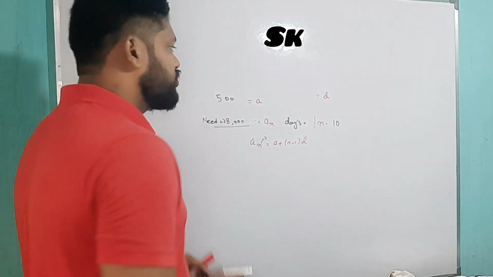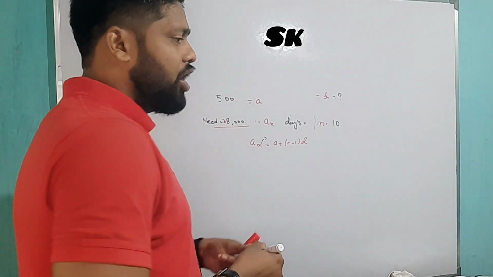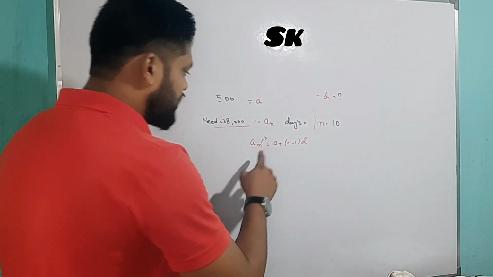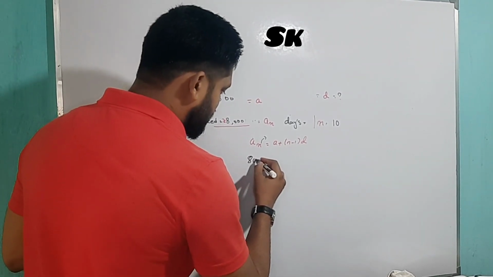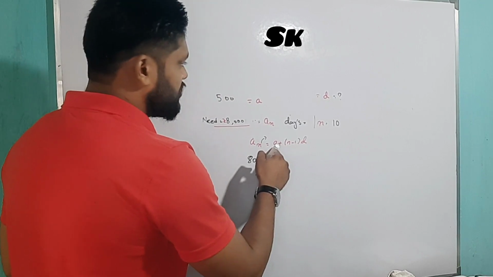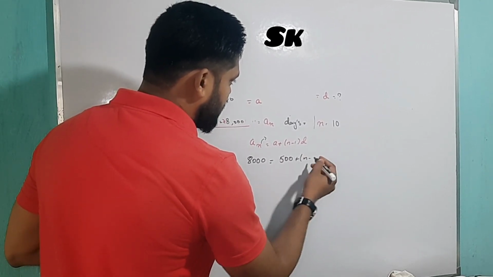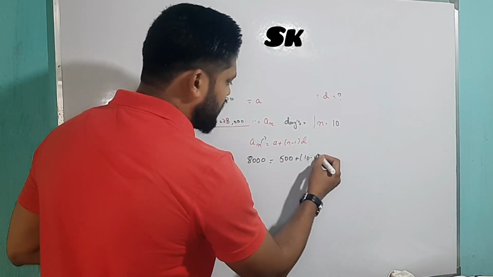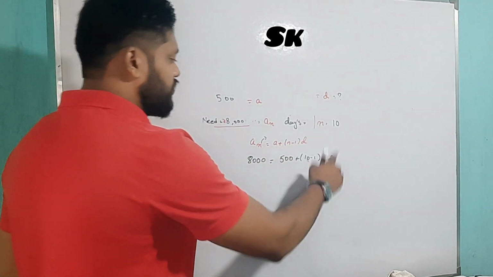He understood that he has to find the common difference. Common difference means how much he has to save every day. You know that I have explained this in the starting, so he applied this formula. An means we are having 8,000 rupees. A means 500 rupees we are having, plus n minus 1. N value is 10 days, so 10 minus 1, and d value we don't know, the difference, meaning how much we have to save every day.